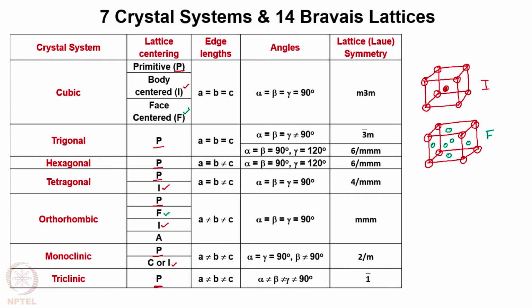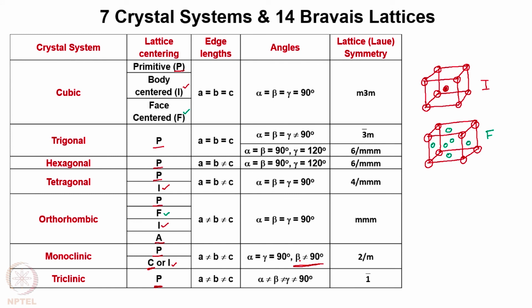So now what we have here in case of monoclinic system is that the monoclinic C and monoclinic I lattice are one and the same, and in case of orthorhombic I have A lattice. This C lattice indicates that in case of monoclinic system only, we consider the B axis to be unique.